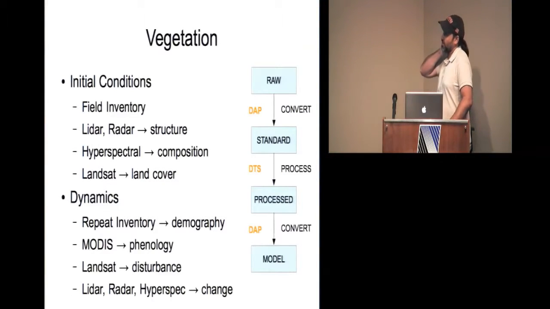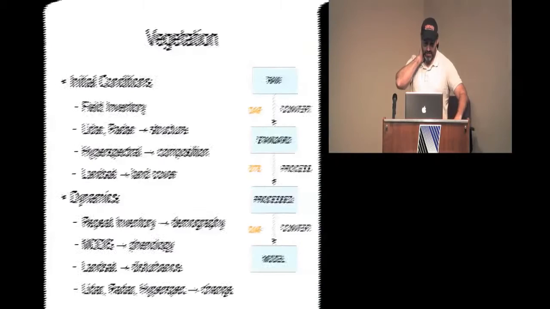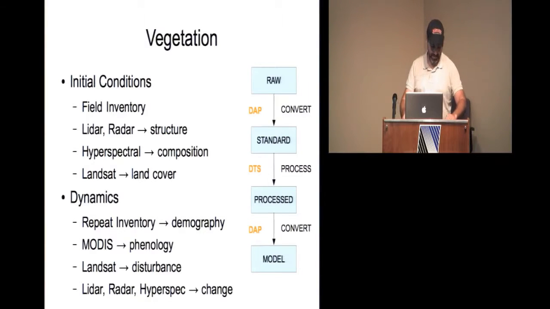So we are working towards supporting the core of our case study, which is to get to the vegetation data fairly soon, where we have collections of different types of data that give us different pieces of information, sometimes about the initial conditions, what's the current structure out there right now, and then as well as the dynamics of the system.